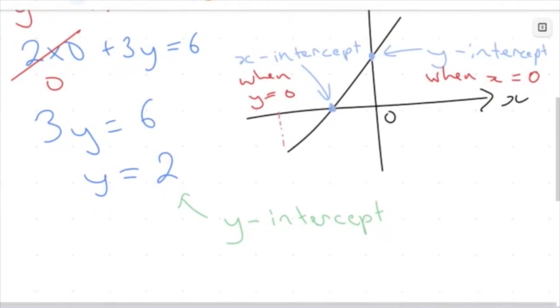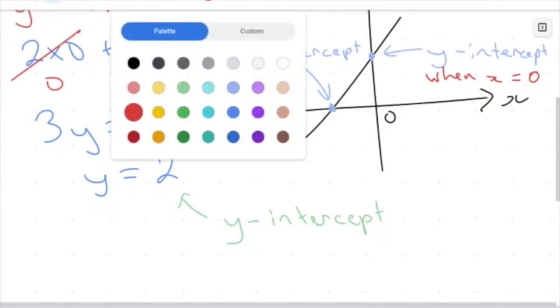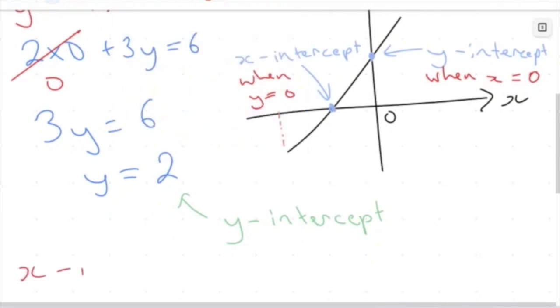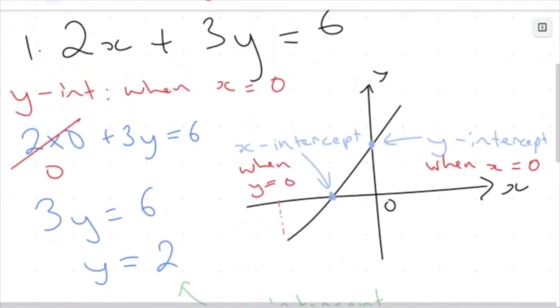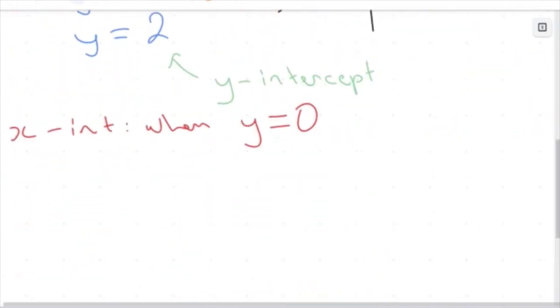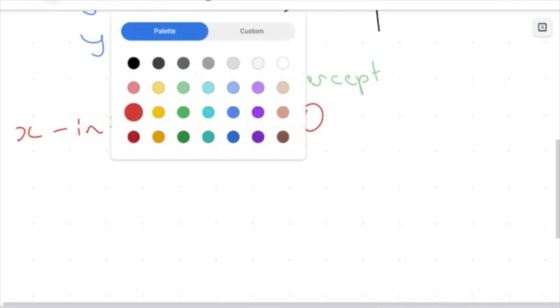Now let's find the x-intercept here. So my x-intercept I get when y equals 0. Now, I want to substitute that value of 0 into my y here. And when I do that, 3 times 0 gives me 0, so that is going to kill that entire term. But let's just show all the working here.